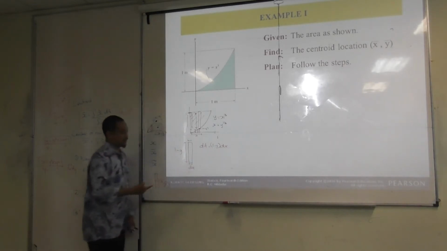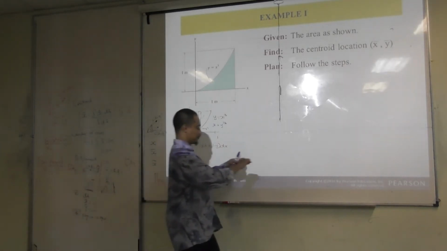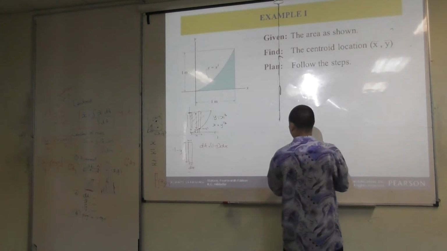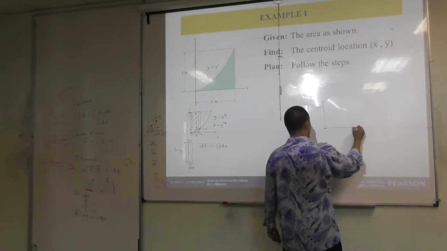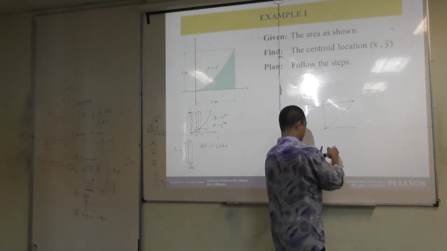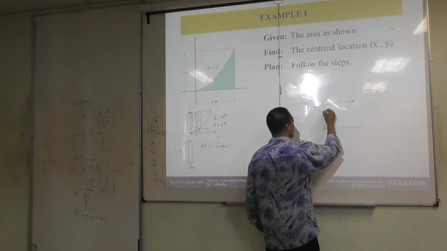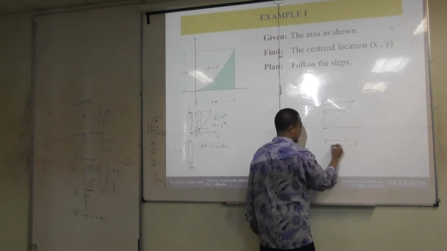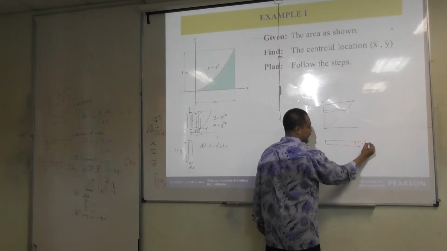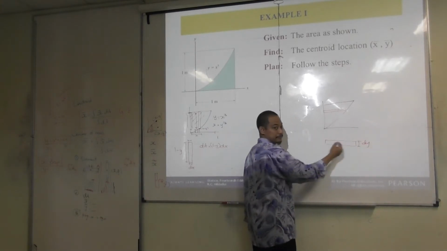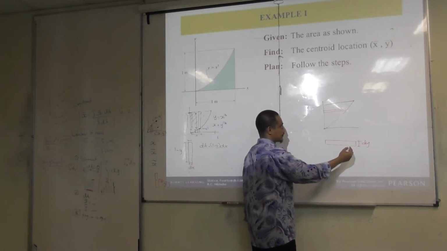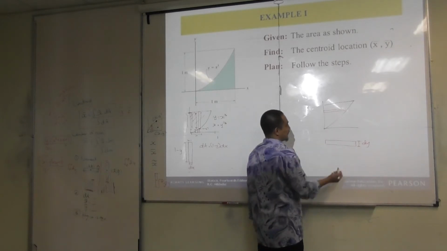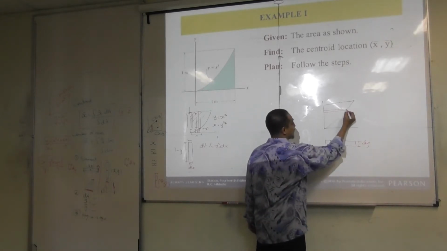Okay, this is where it gets interesting, because if you choose a horizontal element, then this one will be dy. What will be this length? Where is x? The point is here, right?